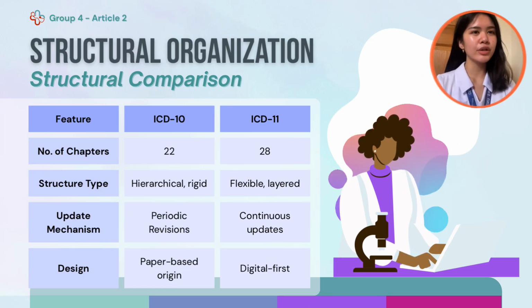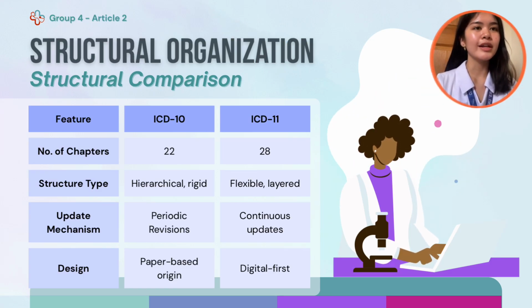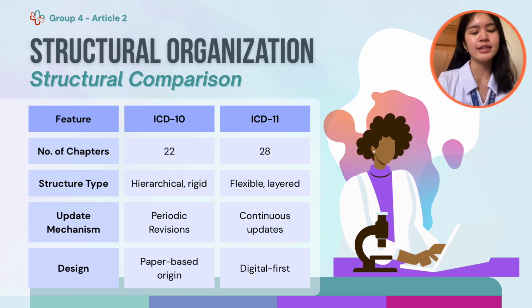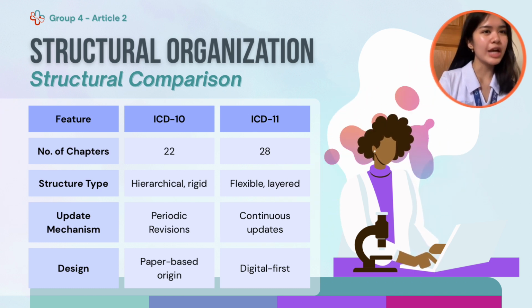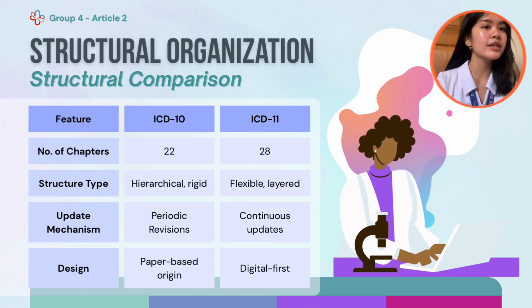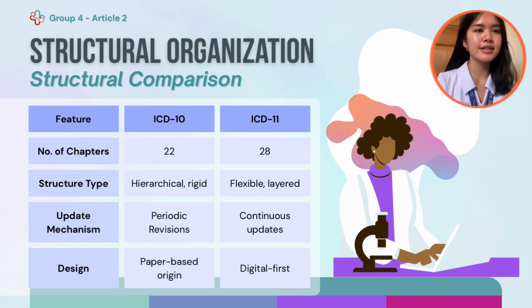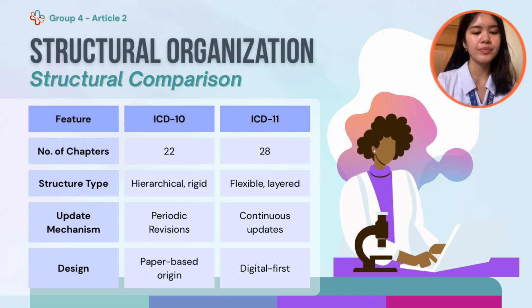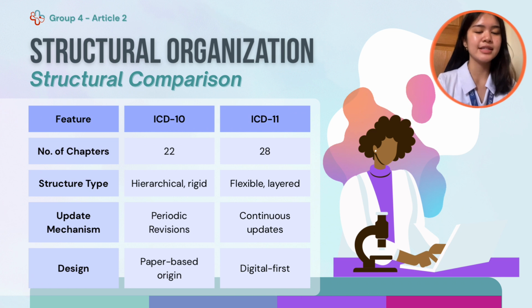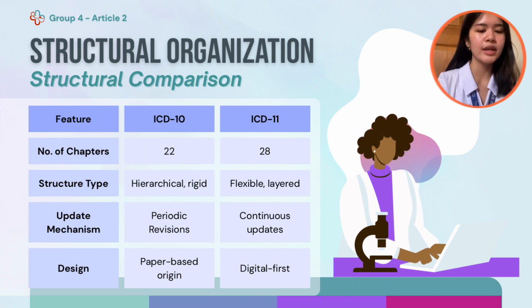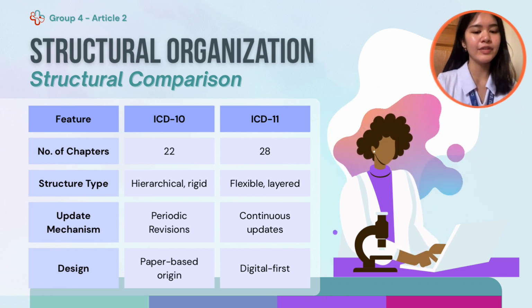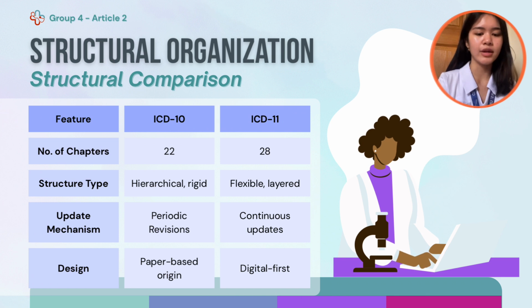Next, we have the structural comparison between ICD-11 and ICD-10. The number of chapters in ICD-10 is 22, meanwhile in ICD-11 it is 28. The structure type of ICD-10 is hierarchical and rigid, meanwhile ICD-11 is flexible and layered.